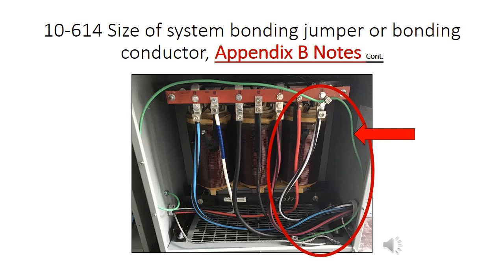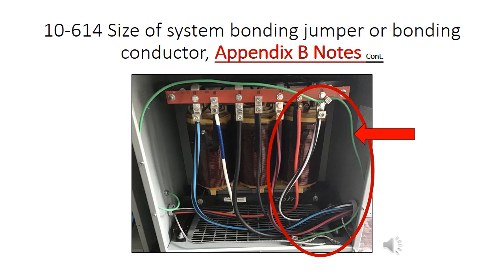10.614. Size of system bonding jumper or bonding conductor. See Appendix B notes. So from the prior question, the system bonding jumper, circled in red here, will either be a number 3 or number 2 copper conductor. The size depends upon what you size your primary overcurrent is.